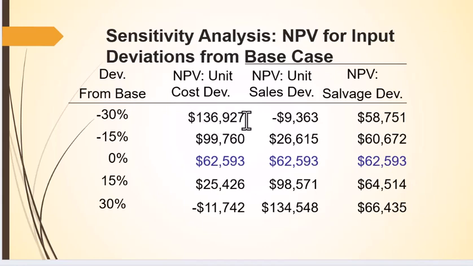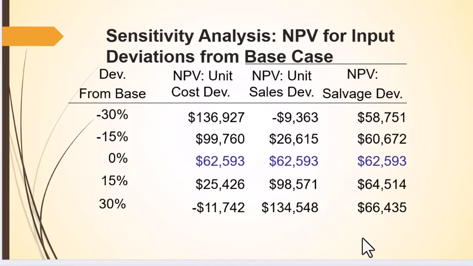This makes sense. So we're going to calculate net present value with these percent changes. We'll also do the same for unit sales and for salvage value. Essentially we're getting a picture of how net present value changes relative to each one of these variables.